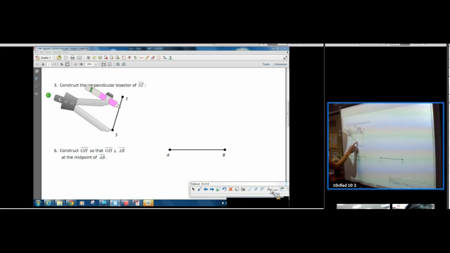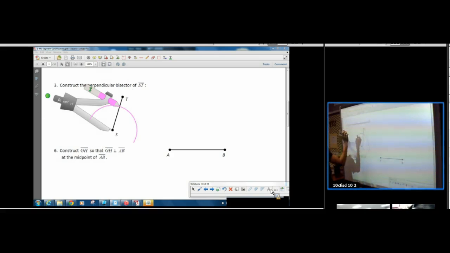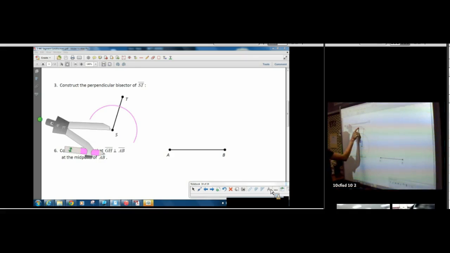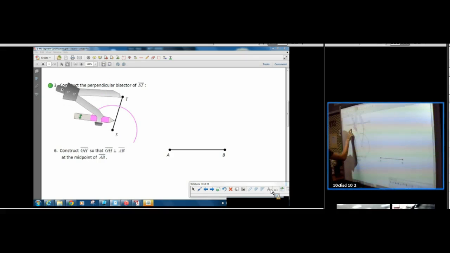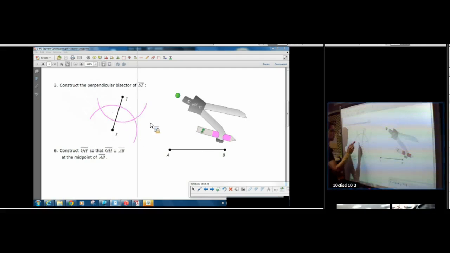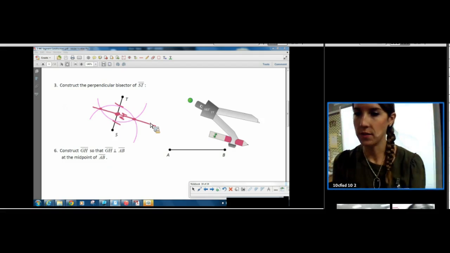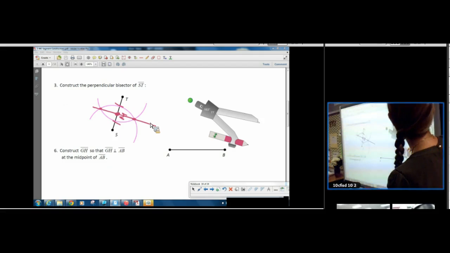Once it's opened more than halfway, you make your semicircle, and then you keep it on the same setting. You put your needle on the other end point, and you make your other semicircle. And then, of course, you're going to connect the intersection of your two arcs, and you have now found M, the midpoint of ST. So you can have some practice with that once we get you that worksheet.